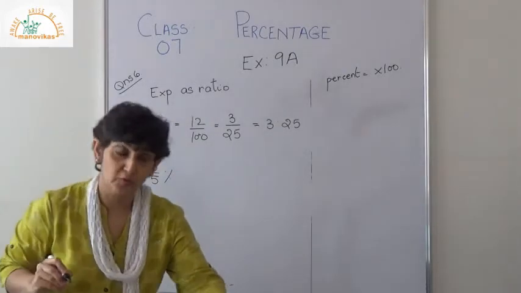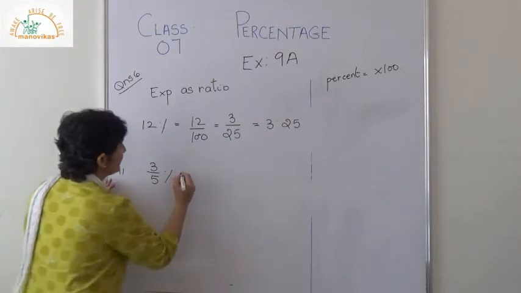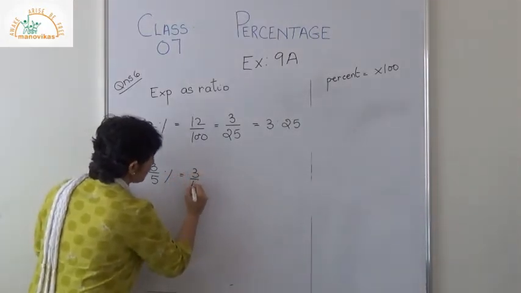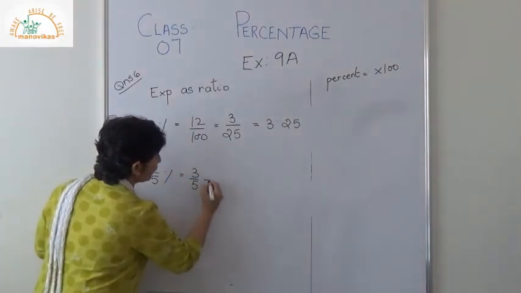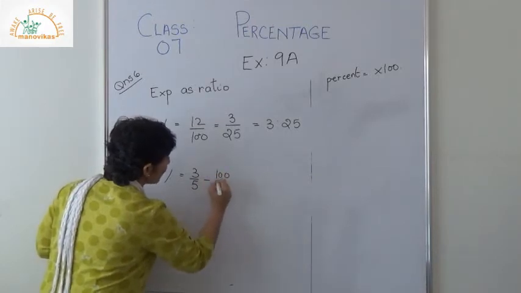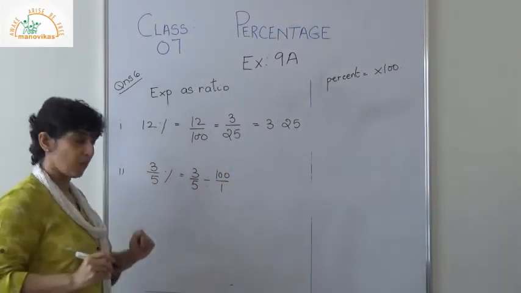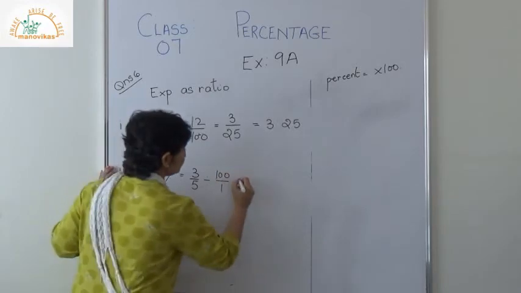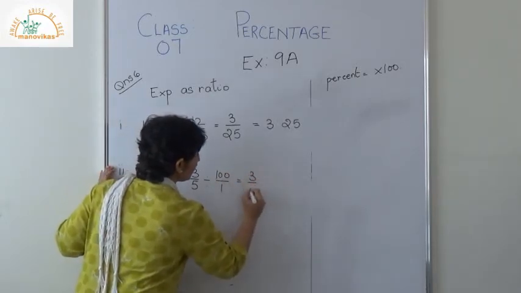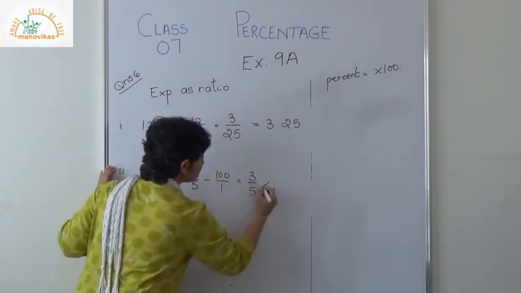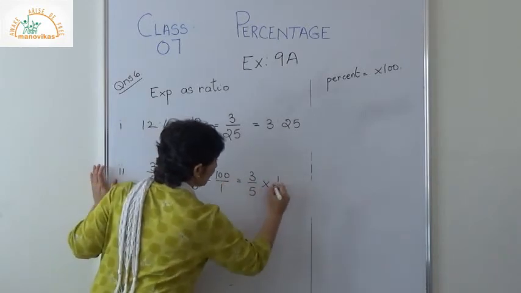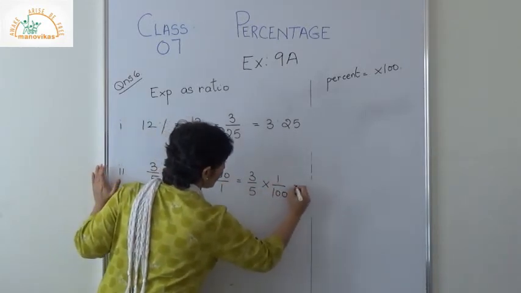Now, the second one says 3 upon 5%. Now children, I have told you, 3 upon 5% means what? 3 upon 5 upon 100 means divided by 100 upon 1. Correct? So, that will give me 3 upon 5. Divide becomes multiply. 100 upon 1 becomes 1 upon 100.